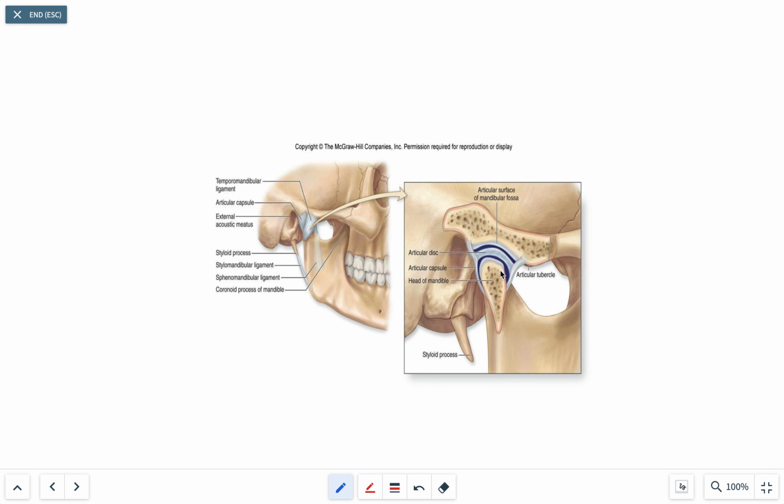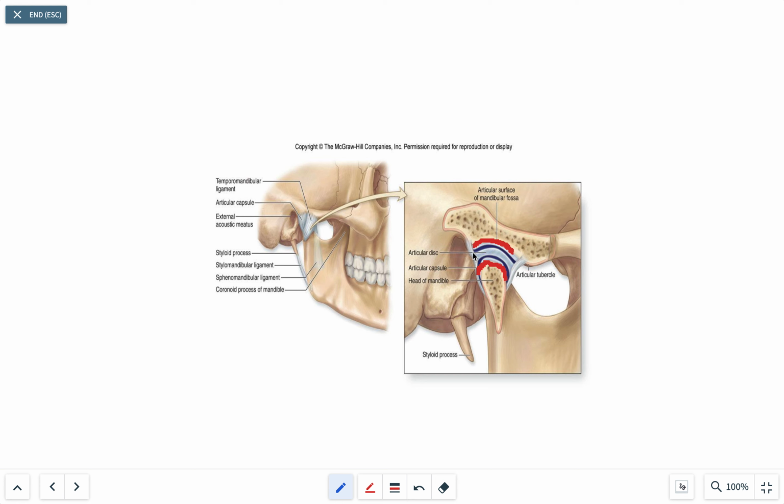It has a very loose connection, which promotes an extensive range of motion. So in the temporal bone, we have first the articulating surface of the temporal bone here, and then in the mandibular surface, we're going to have the articulating surface of the mandible.